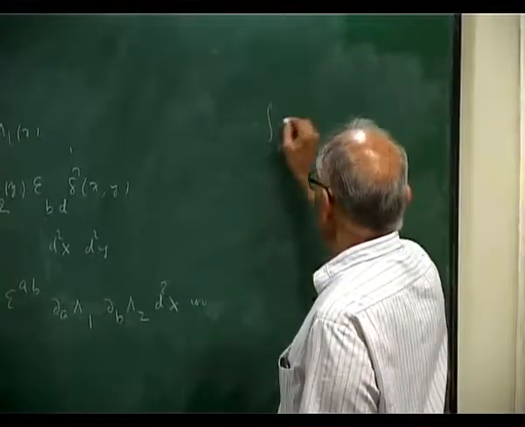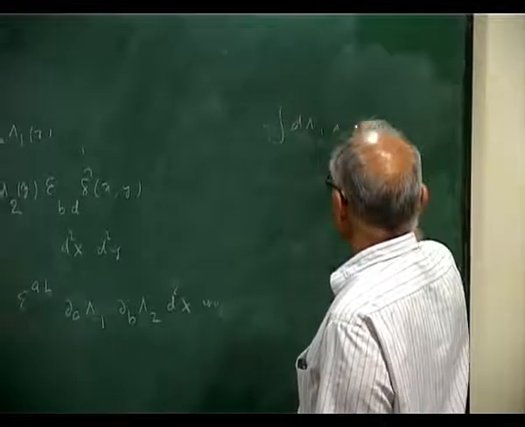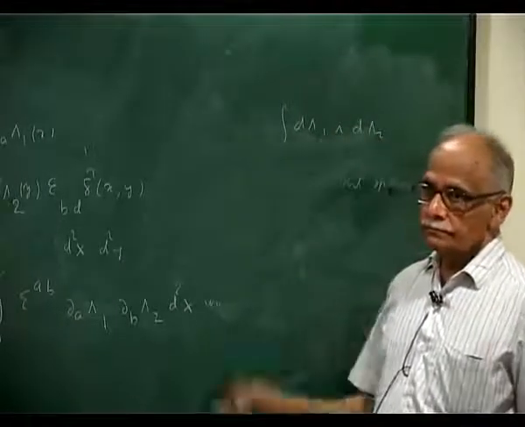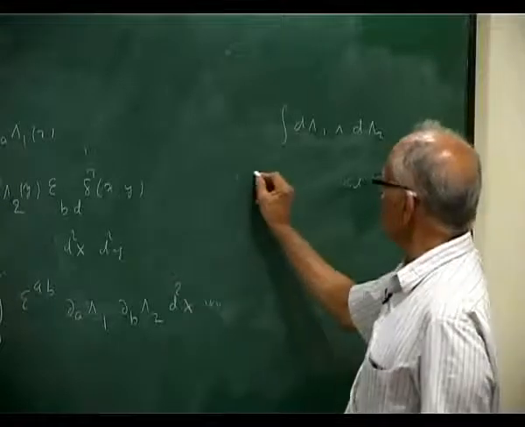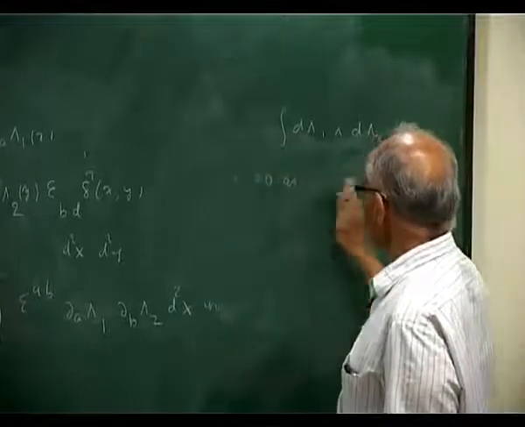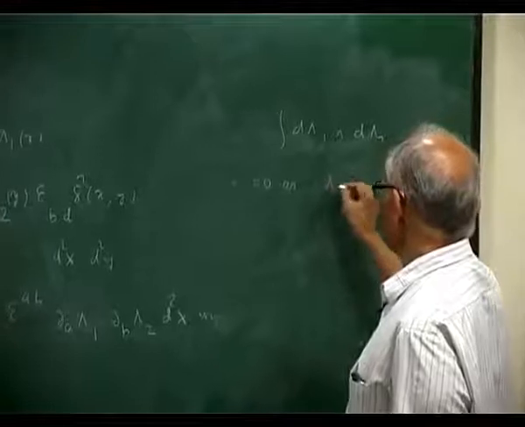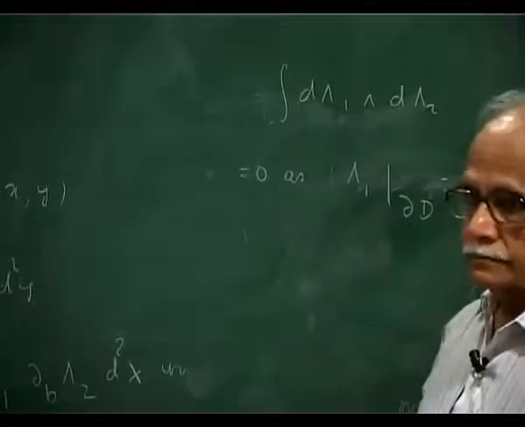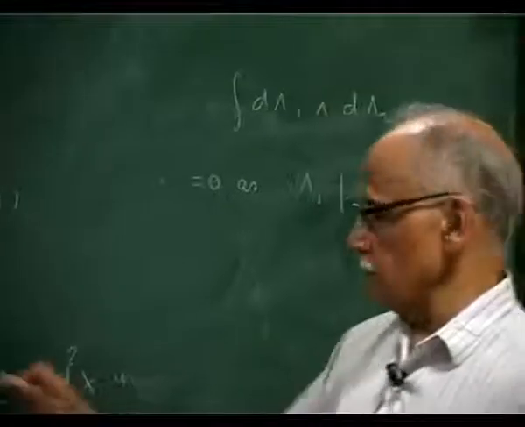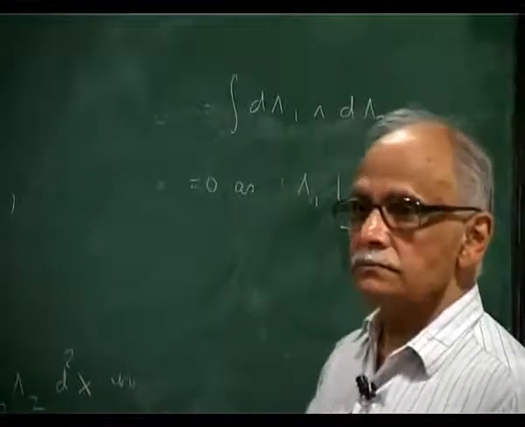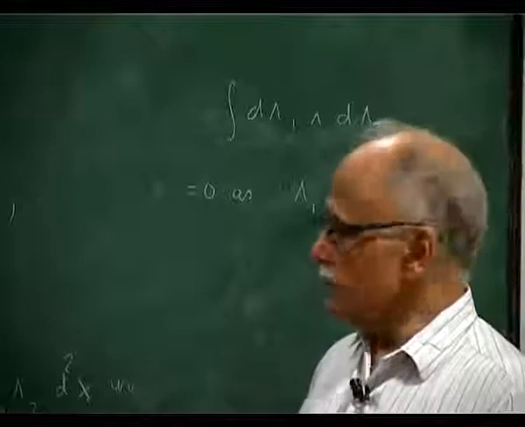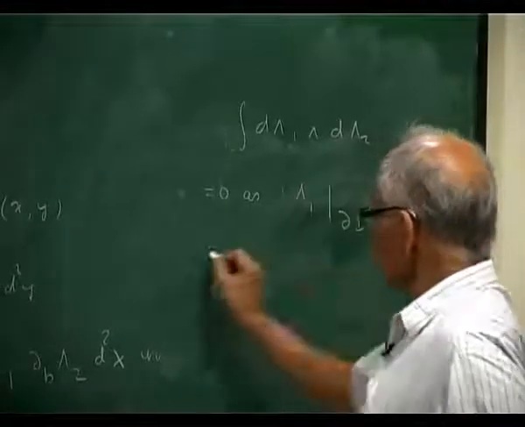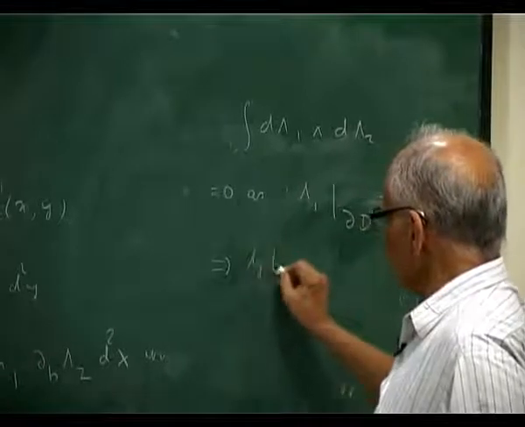So this is nothing but d lambda 1 wedge d lambda 2. Partial integration is 0 as lambda 1 vanishes at the boundary. So when I partially integrate I get 0. So G is from a first class system. So this implies G lambda is first class.